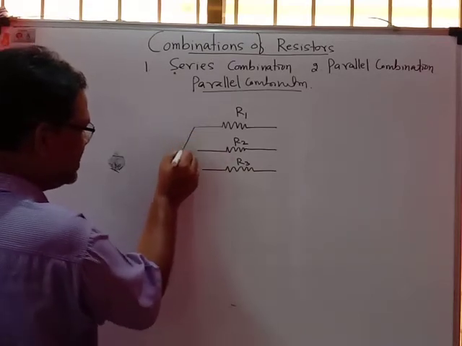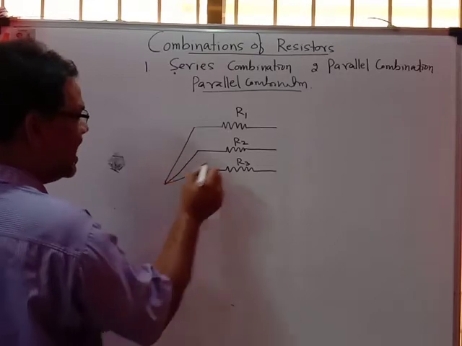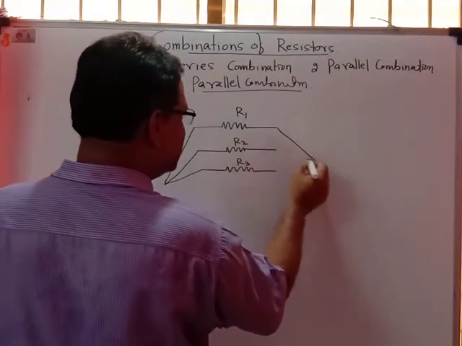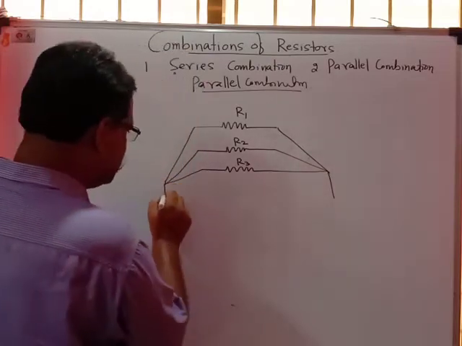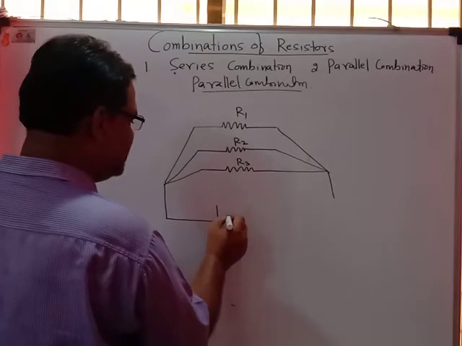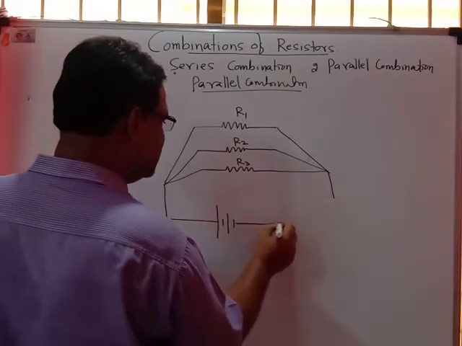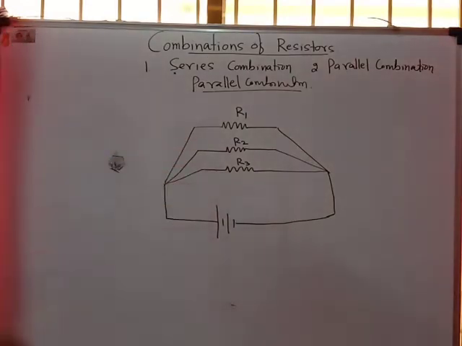That one end will be connected to one point, and the other ends will be connected to another point. This is connected to one terminal of the battery, suppose the positive terminal, and the other end is connected to the negative terminal. This is the parallel grouping of three resistors.